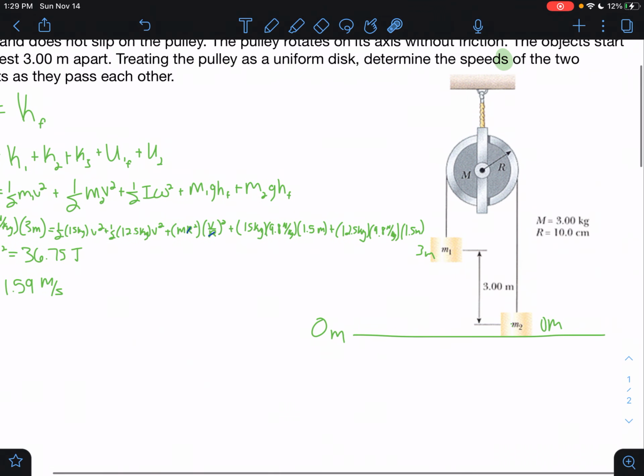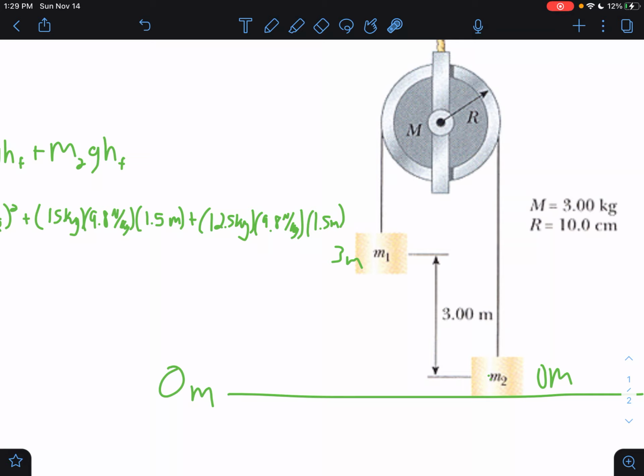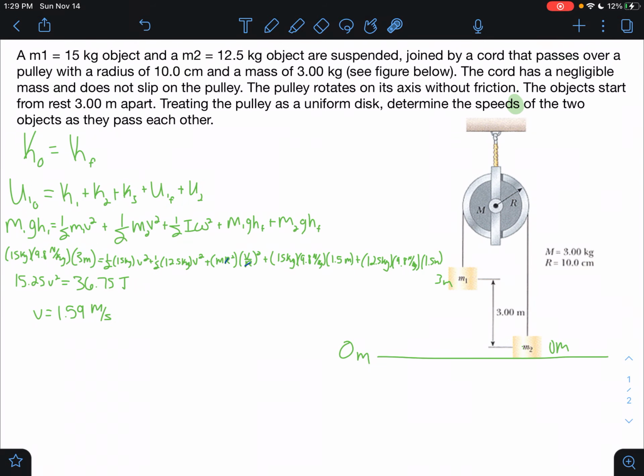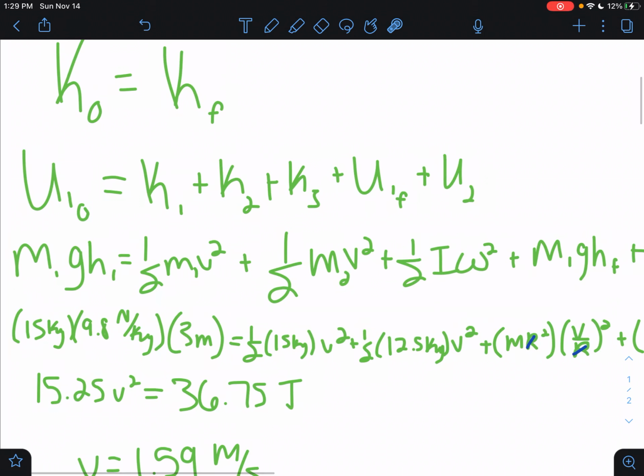So remember, mass 1 is the one that's being suspended initially, and mass 2 is the one that's on the ground initially. We have the gravitational potential of the first one, the suspended one, initially equal to its kinetic energy, the other mass's kinetic energy, the rotational kinetic energy of the actual pulley, and then the masses' final potential energies.